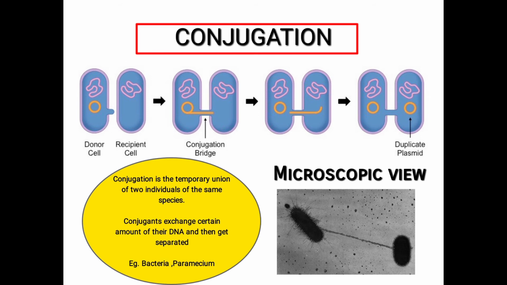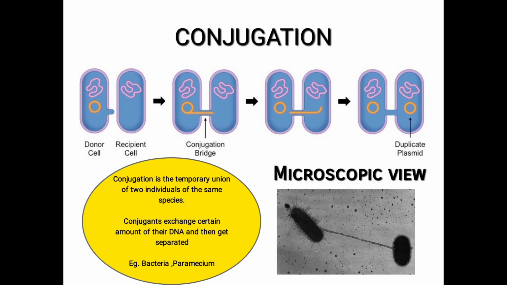This is nothing but a temporary union. Conjugation is a temporary union of two individuals, but they should be of the same species. So two individuals of the same species will unite together for a temporary period, and this method of transferring material between them we call the conjugation process.